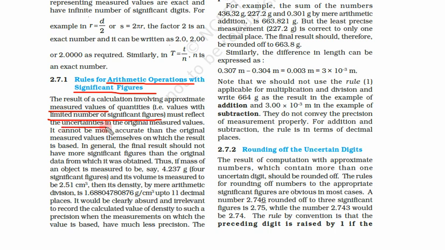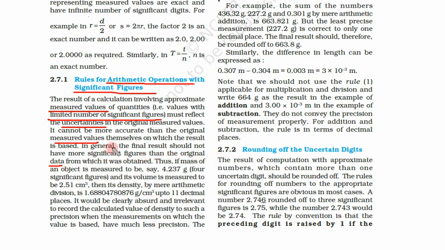The result we report must show that there is some error associated with the measurement. Any result cannot be more accurate than the original measured values. So the final result should not have more significant digits than the original data.